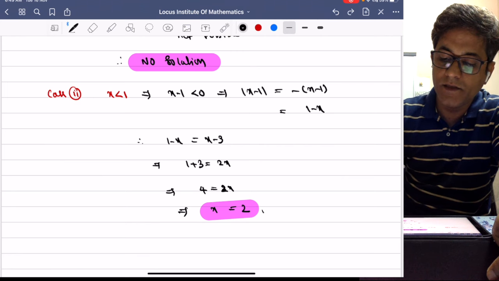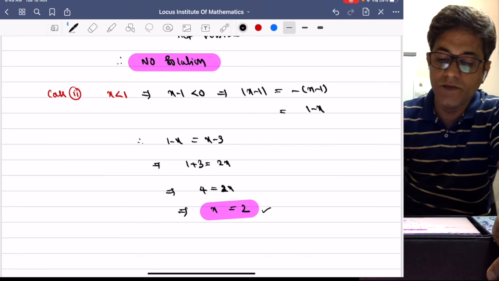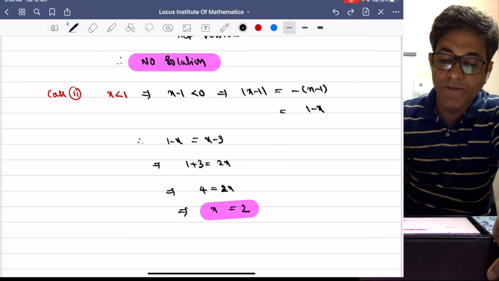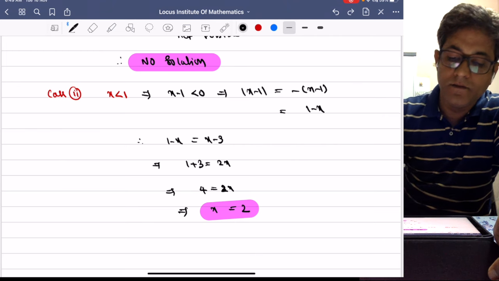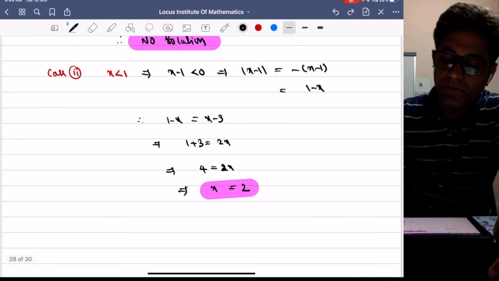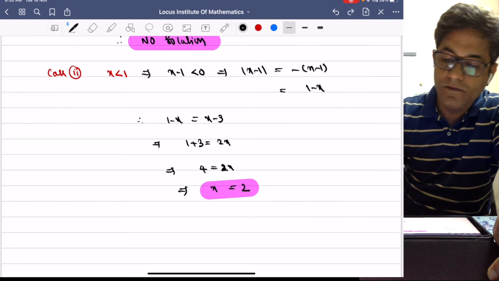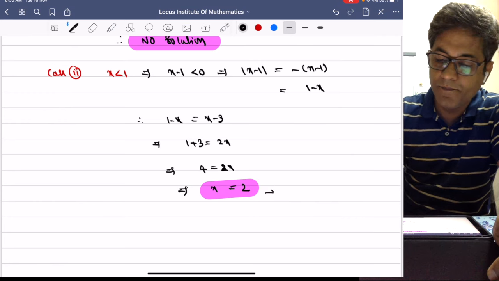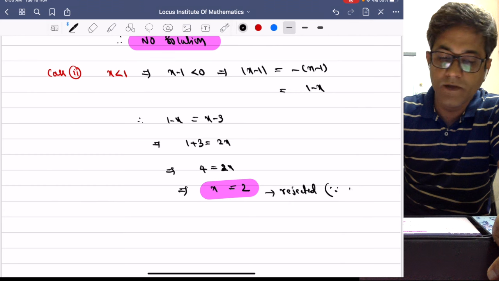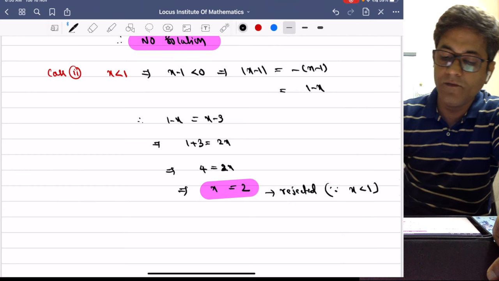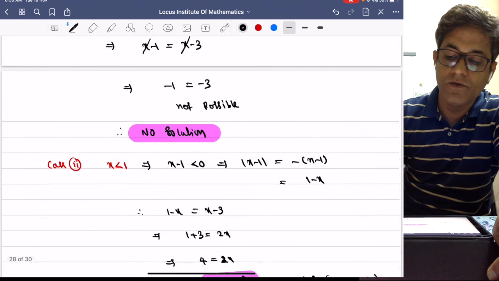But we got x greater than 1 because 2 is greater than 1. Therefore, this is rejected. This is a rejected value since our case is x less than 1. Therefore, in this case also no solution.